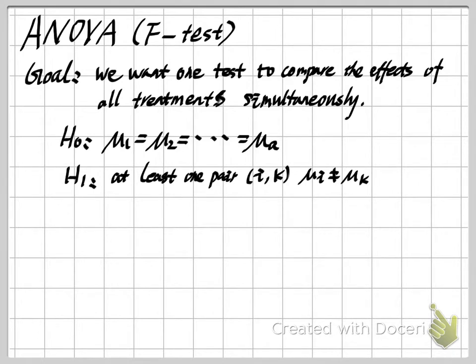If after the F-test we can reject this null hypothesis, then we get that at least one pair of the treatment means is not equal to each other. But if people are more interested in the details about which pair of treatments are different, then we should do the pair hypothesis tests.